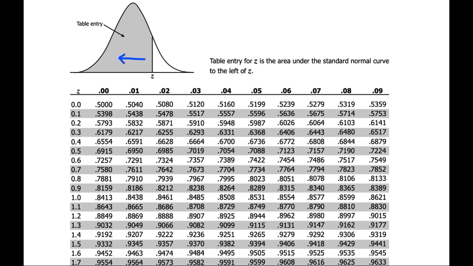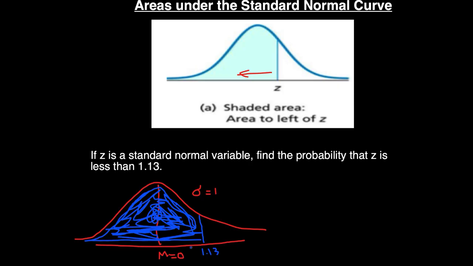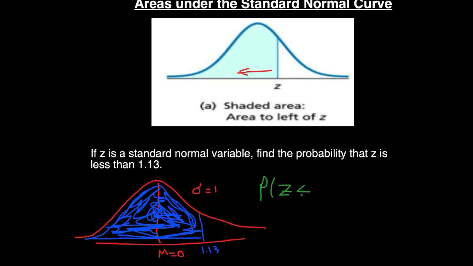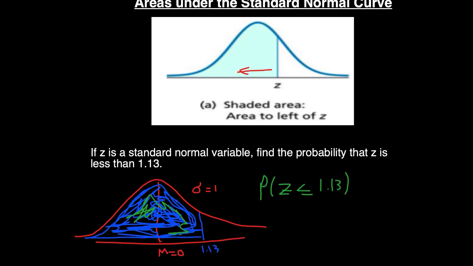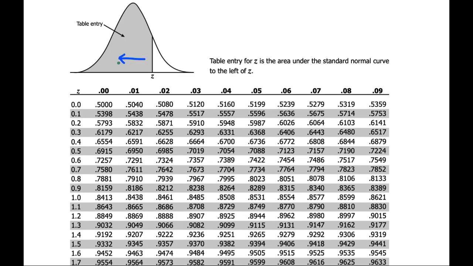Okay, now go back to the example. What we need to find is the probability z less than or equal to 1.13. Compare this density curve with the density curve of the z table, same direction. So go to 1.13.